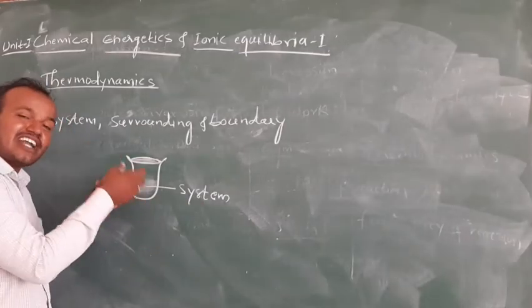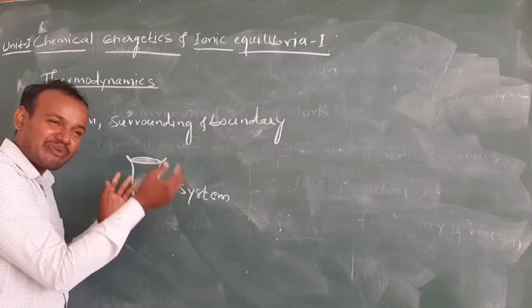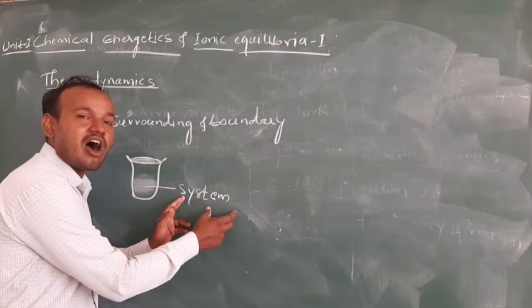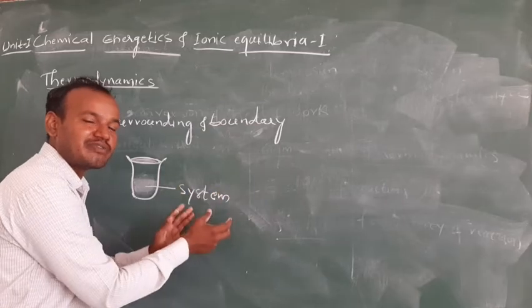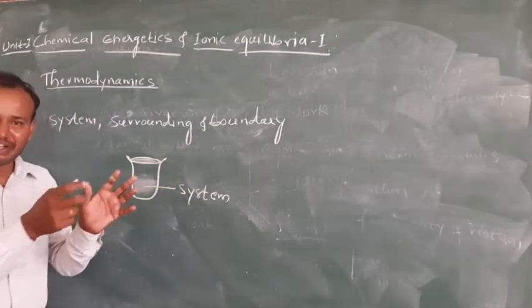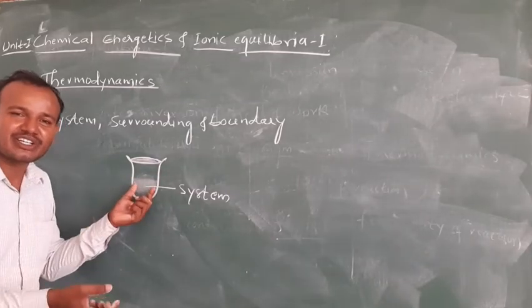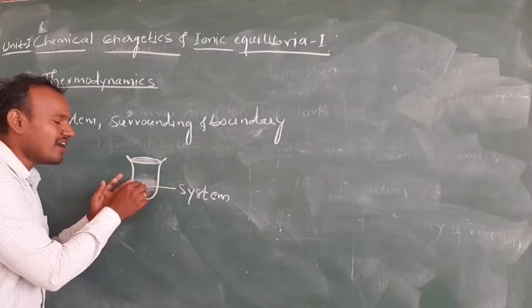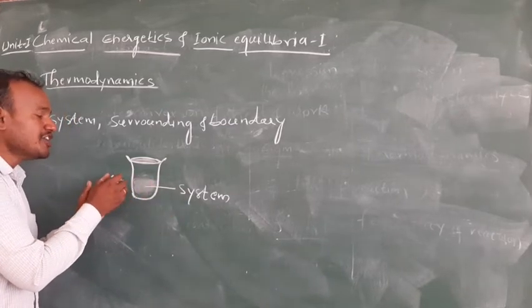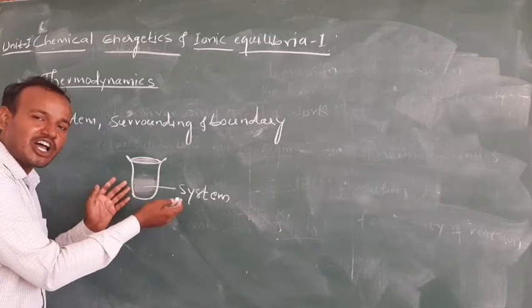If you are making certain observations with respect to measurement or changes, then that particular area or part of the universe is called a system. You may be observing change in temperature, change in volume, change in heat energy, change in internal energy, or change in enthalpies.